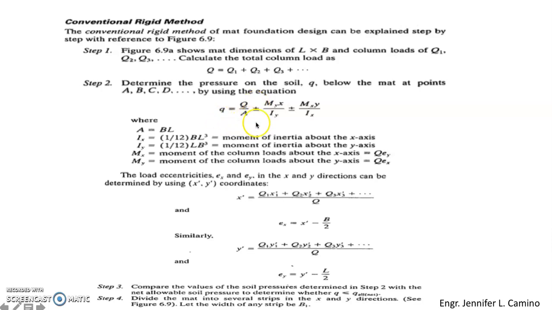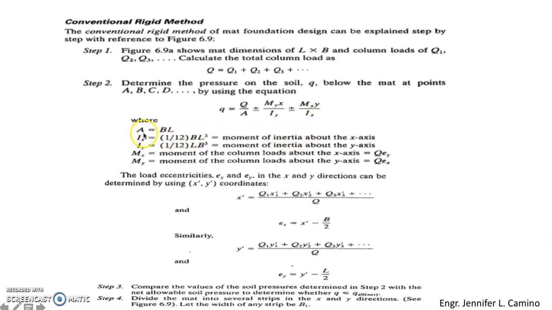This is the equation for the pressure on the soil, q, of course. You're familiar with this. We will encounter this in our fluid mechanics computation for the pressure in a certain structure.